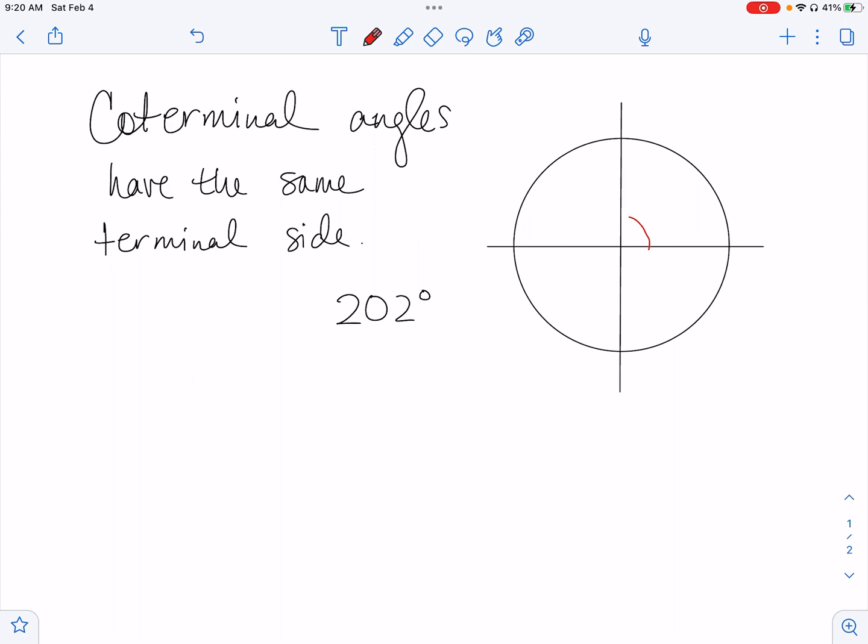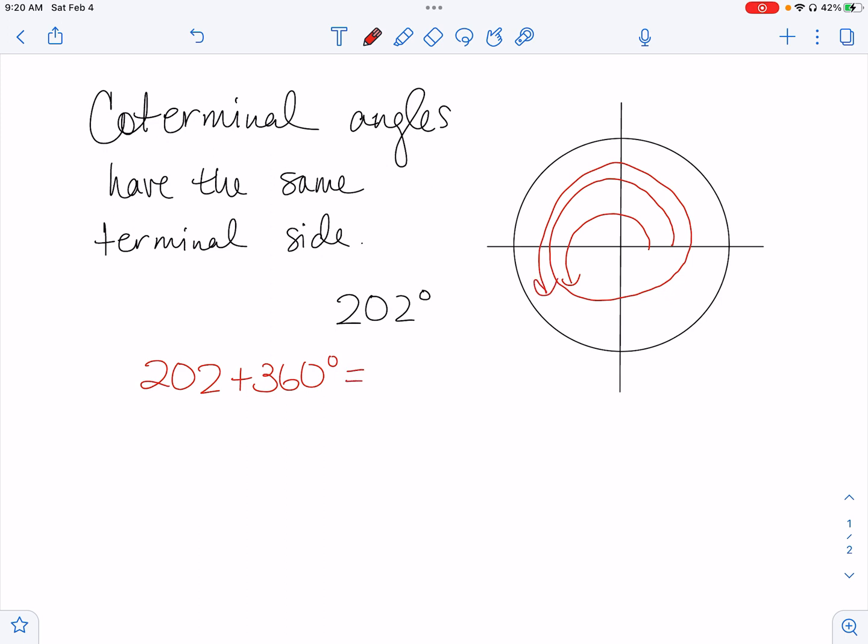Somewhere over here. To find a coterminal angle, you could say 202 plus 360 degrees, which is all the way around your unit circle plus another 202 degrees. So 562 degrees.